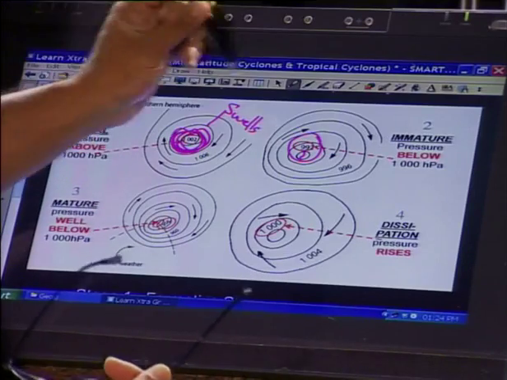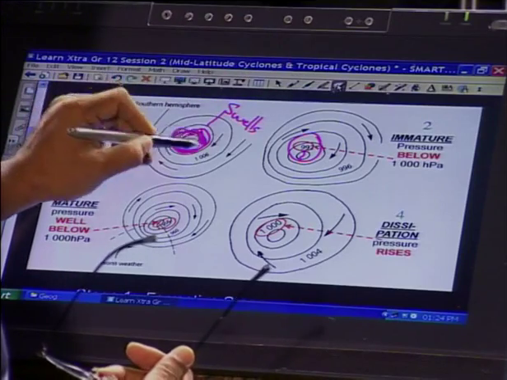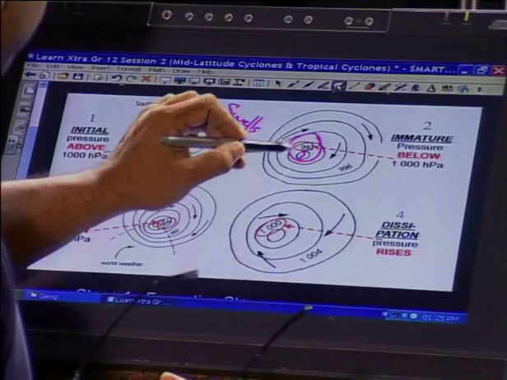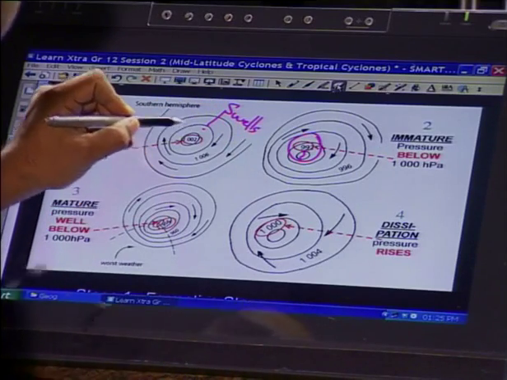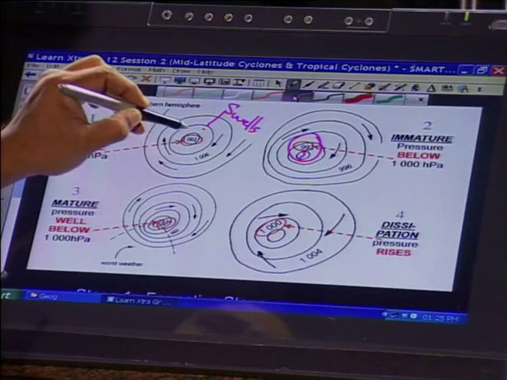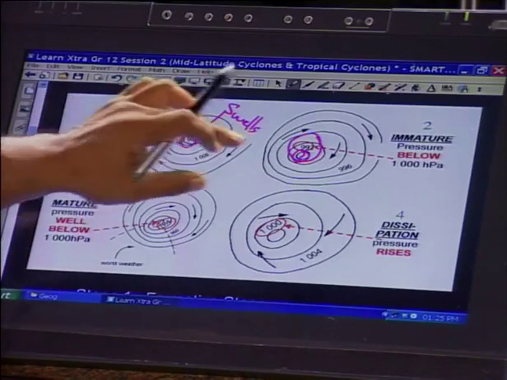If you notice the size, and maybe I need to erase this a bit. Okay? All right? And if you notice the size of the isobar in the center here and the size here is getting smaller.